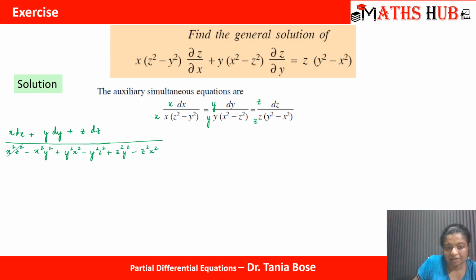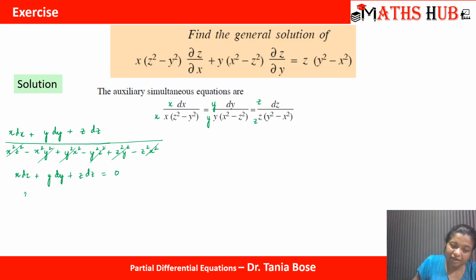So you can see that these terms get cancelled. So the entire denominator is becoming 0. So x dx plus y dy plus z dz is equal to, if I put it equal to some constant k, I'll get this equal to 0.